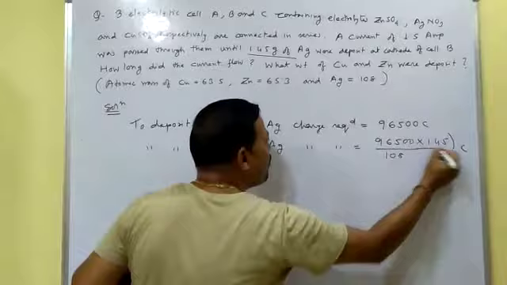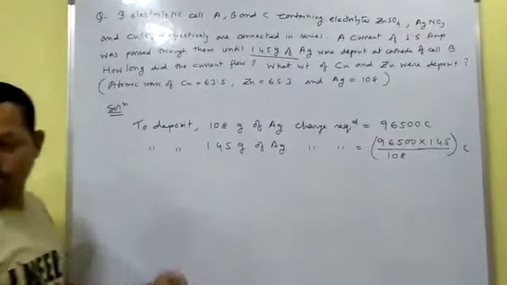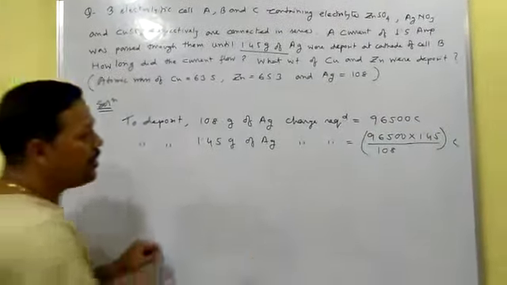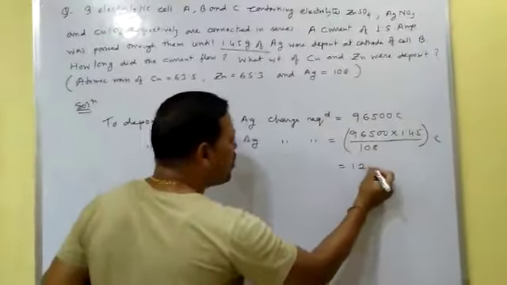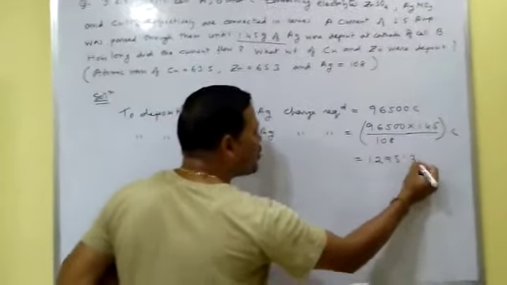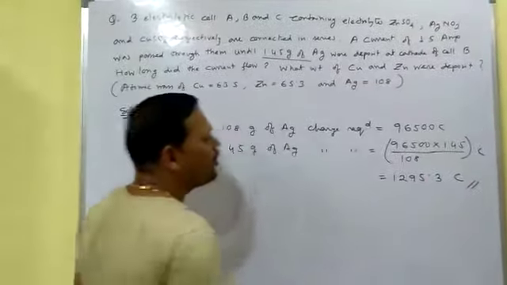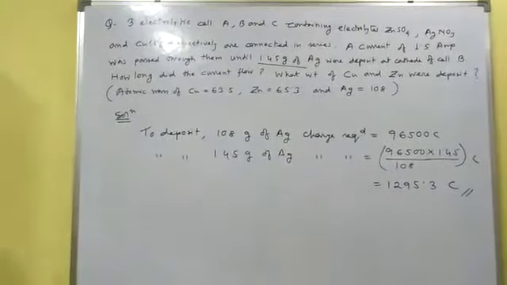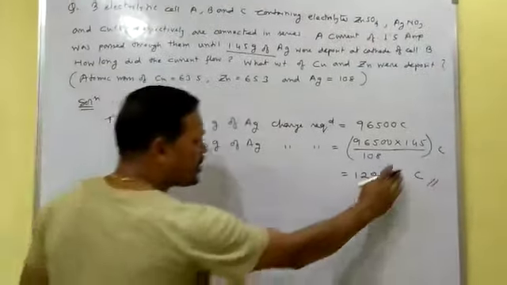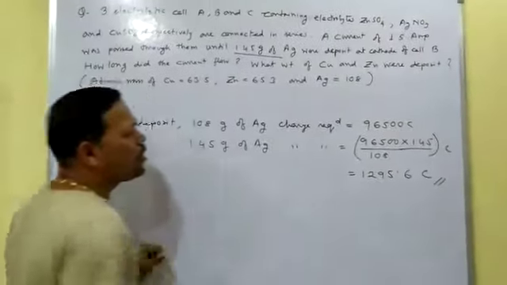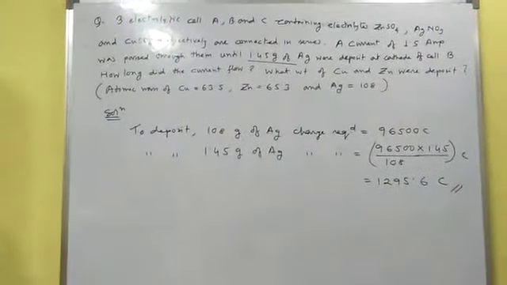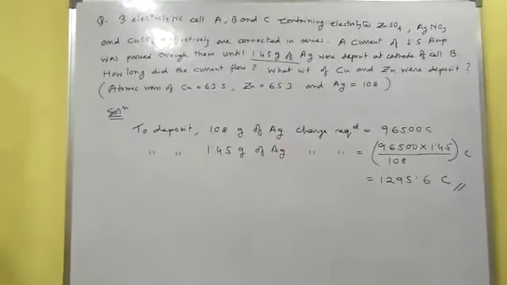This much coulomb of charge is required. So when you calculate it, you will get 1295.6 coulomb of charge. I mean this much amount of charge is required.